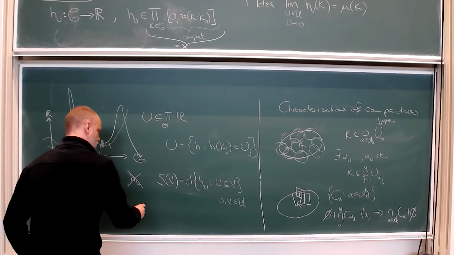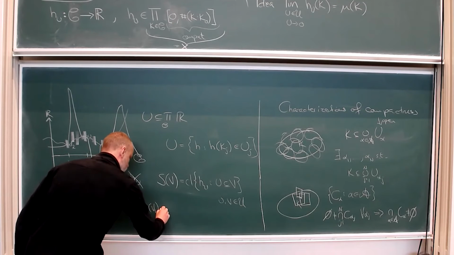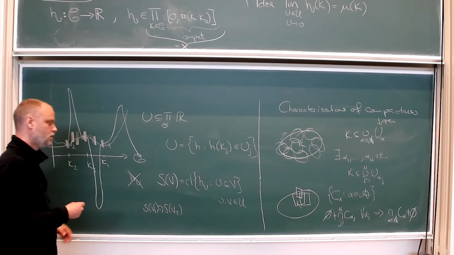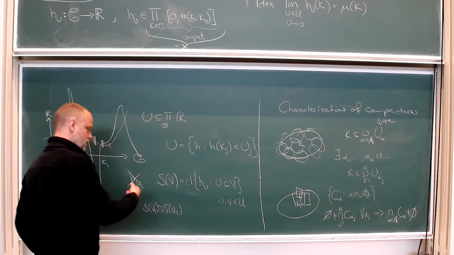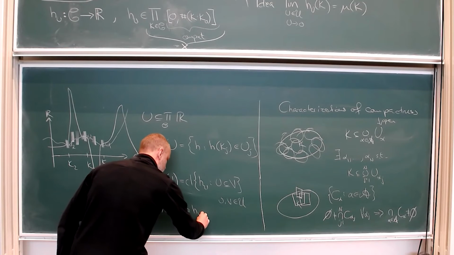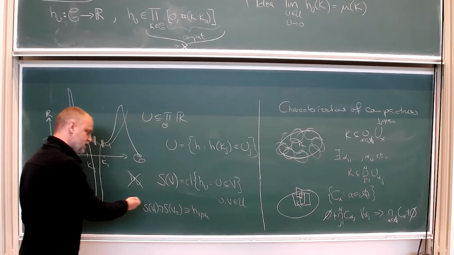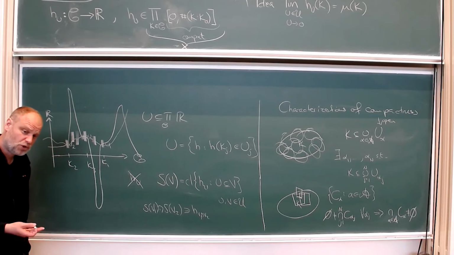Now, if I start to do the intersection S_V1 intersected with S_V2, then it's easy to see that there exists a guy in here, which is basically h_(V1 intersected V2). So these closed sets have the finite intersection property.